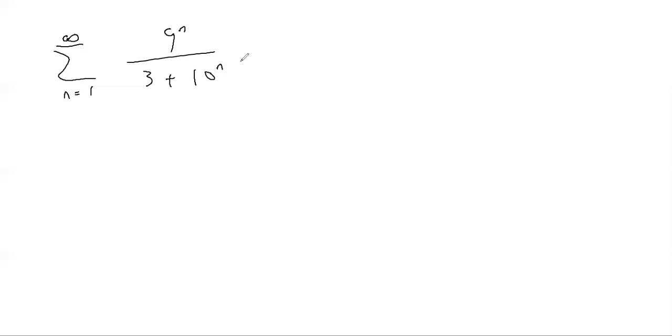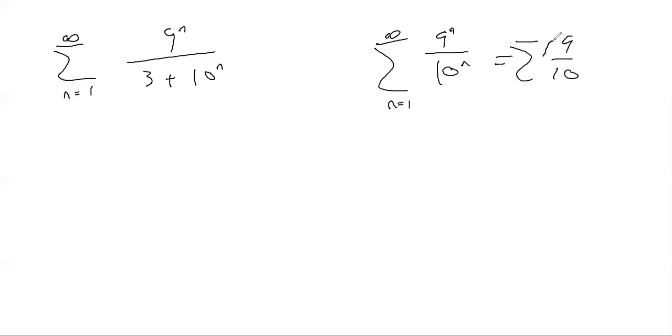Well, again, I'm going to boil this down to its simplest form. That would be 9 to the n over 10 to the n, right? Okay, which I could write as 9 over 10 to the power n.